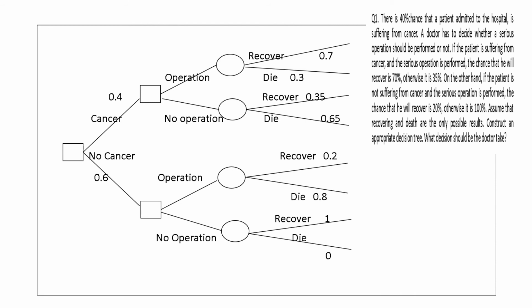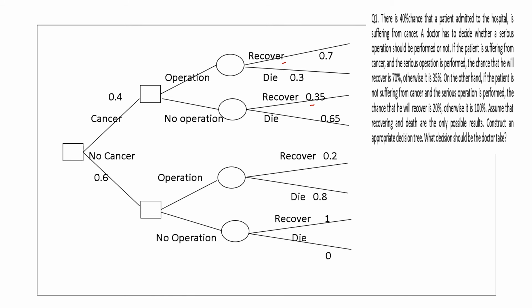After the prescription of the doctor, either operation or no operation, next are the chances. He can recover or he can die. For all the prescriptions, both the chances will come. If cancer is there and operation is preferred, recover chance is 0.7, die is 0.3.